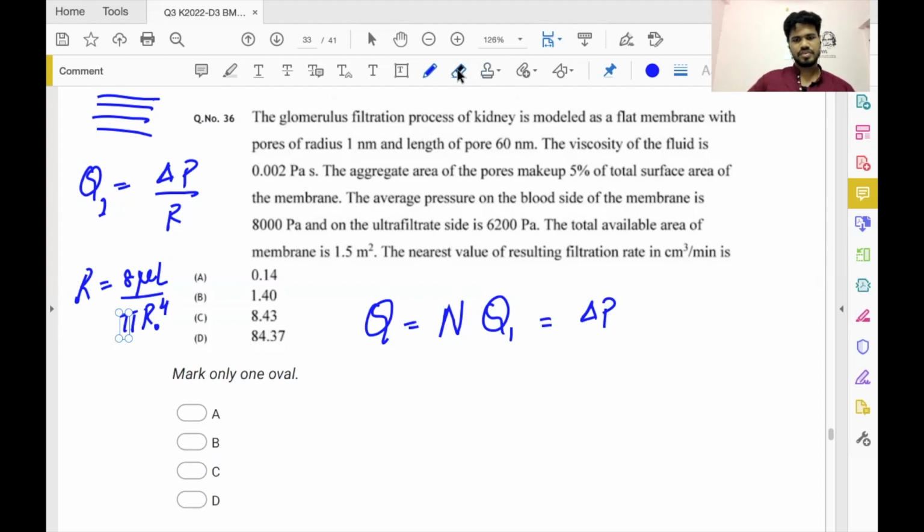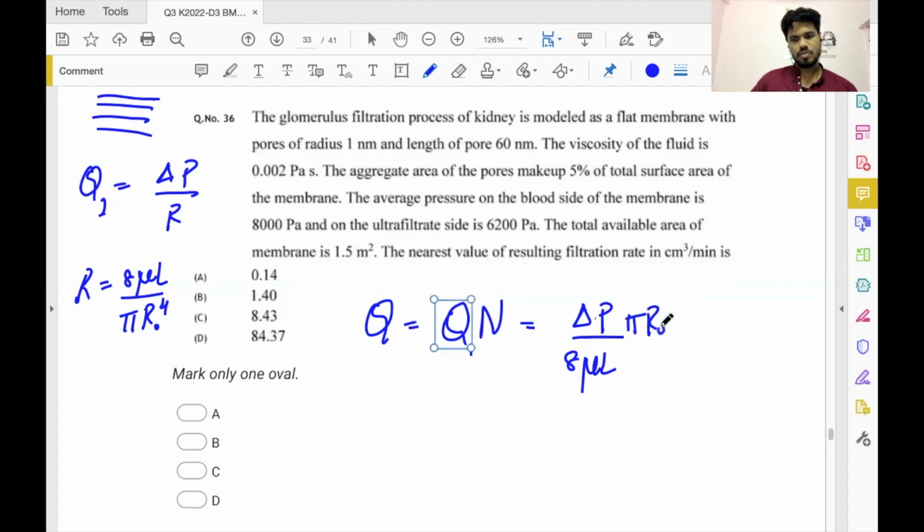Let's write this in a more readable order. Total flow, since the pores are all in parallel, is the sum of all the flows, Q1 times N. Q1 will be delta P by 8 mu L into pi R naught power 4.